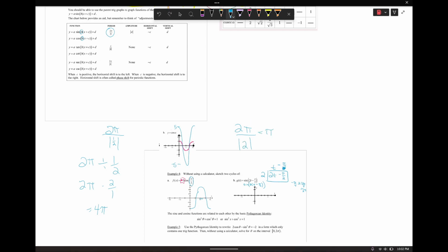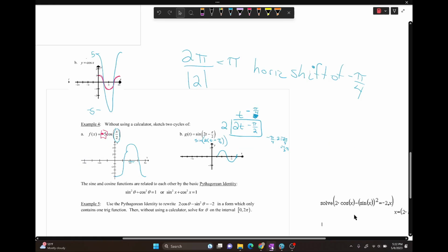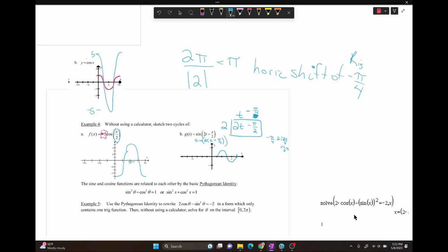So now I have a period of pi, and I know this is a horizontal shift of negative C, which means a horizontal shift of negative negative pi over 4, meaning that I'm moving right pi over 4.